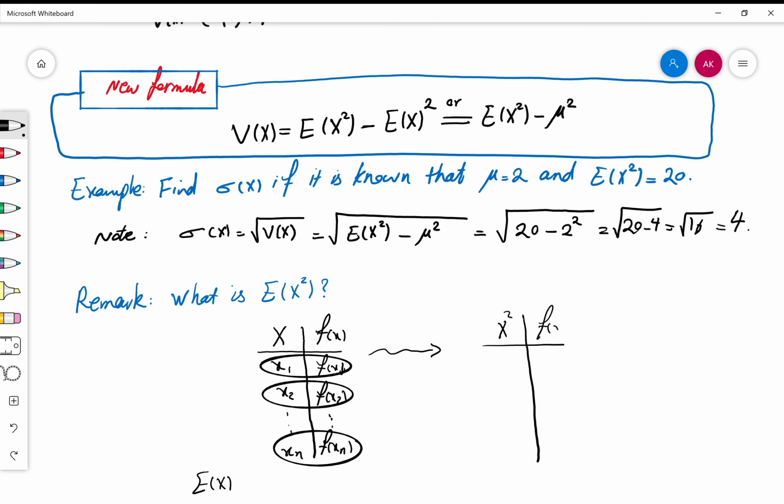Well, in this case, we have a new random variable whose values are the values of X, but squared them. How about the PDF? The PDF is exactly the same PDF as before. And now it makes sense to say what is E of X squared.